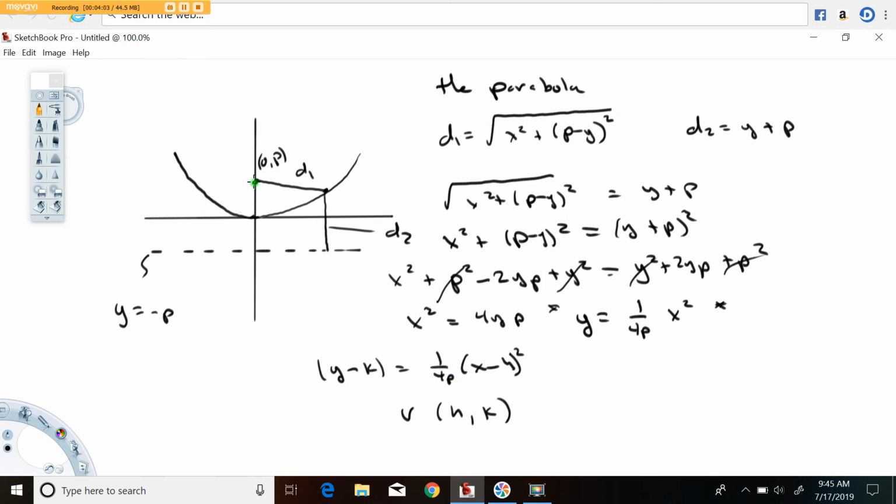So the idea is you take any equation that you think is parabolic, write it in this form, identify the h and k, which tell you where the vertex is, and identify the value for p, which will tell you where the focus is with respect to the vertex.